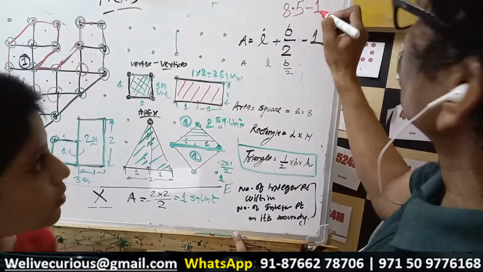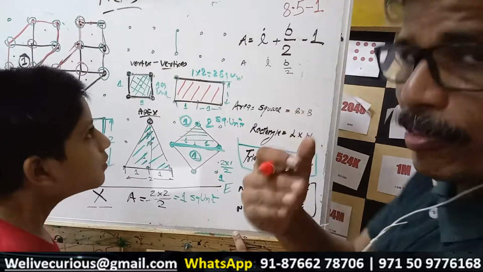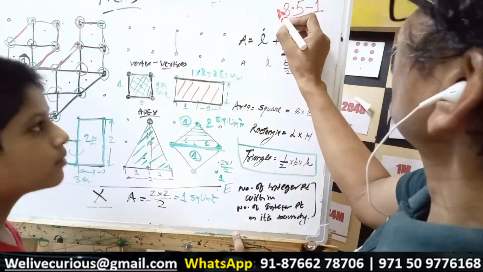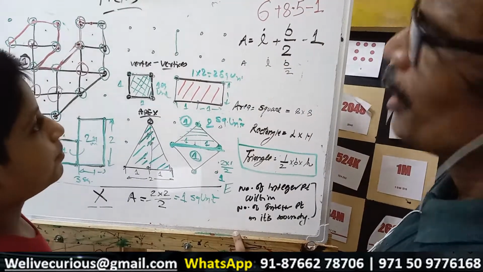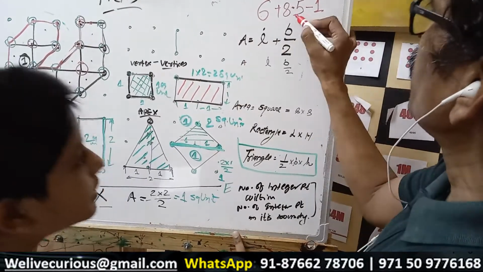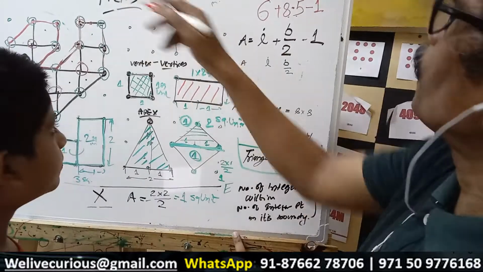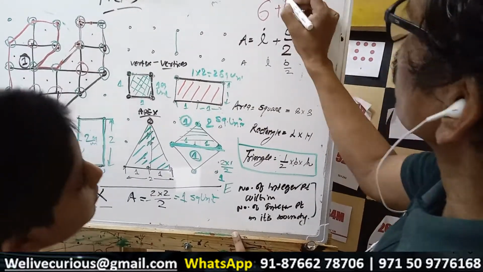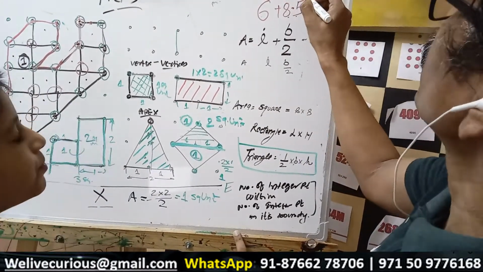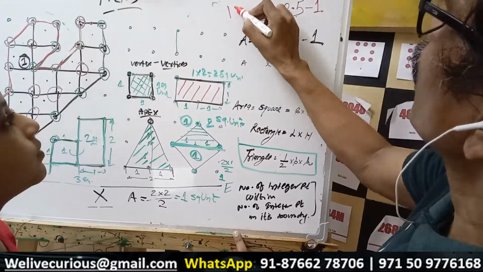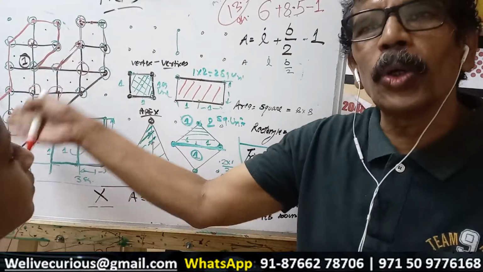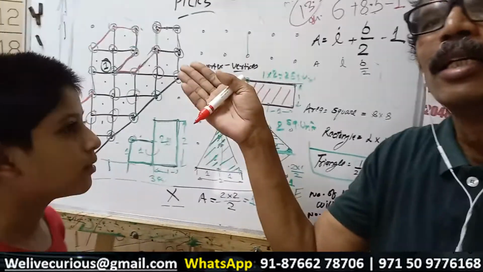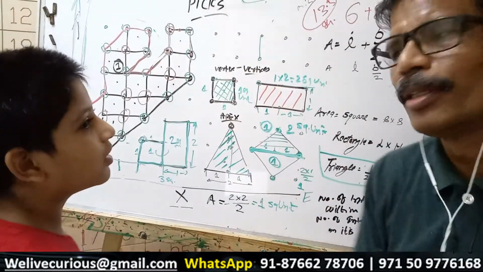Take away 1 from it, 7.5, and add the internal points to it. 6 is the internal points, 8.5 is half of the border points, and minus 1. How much is it? 6 plus 7.5 is equal to 13.5 square units, the area of this whole complex figure, like a charm.